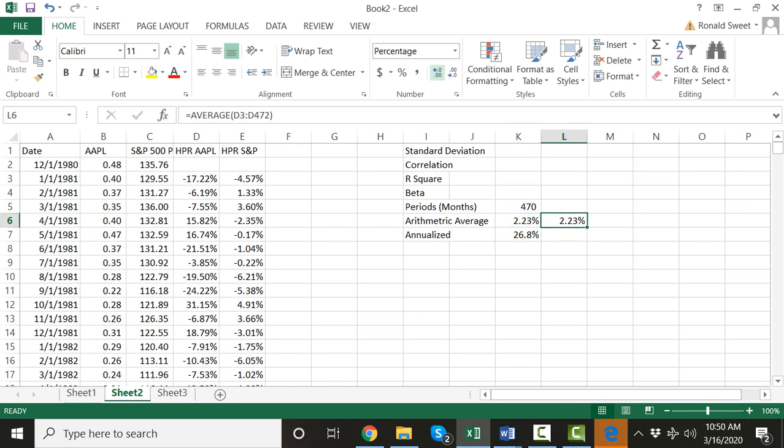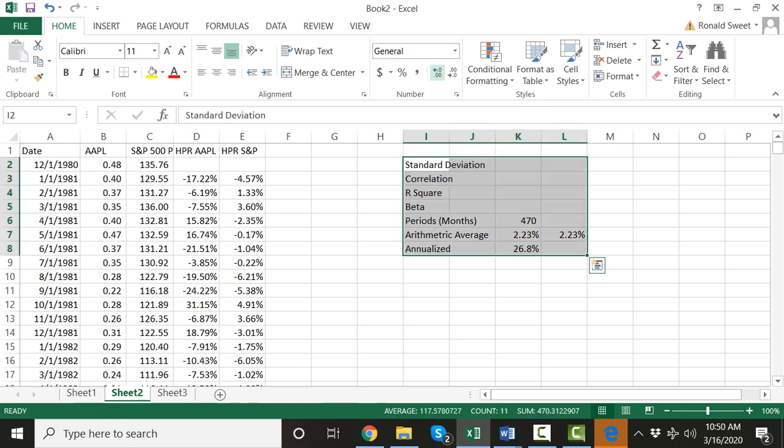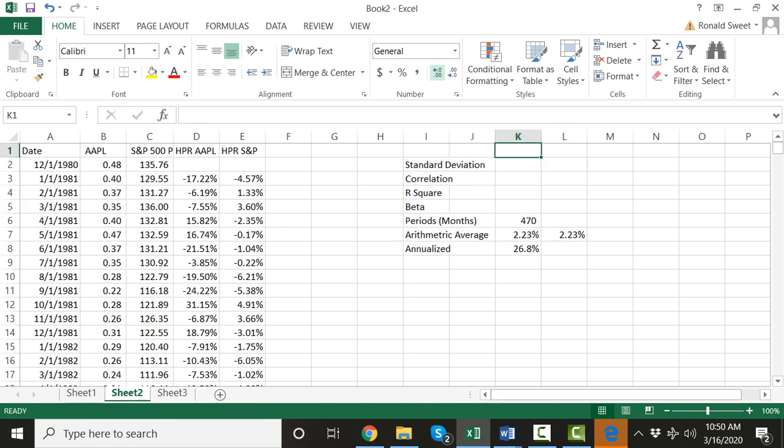Let's do the same thing. So again, I want you to try this on a blank spreadsheet. I might move around too fast, so I move this stuff down so I have more room. So let's do Apple, and let's do the S&P.